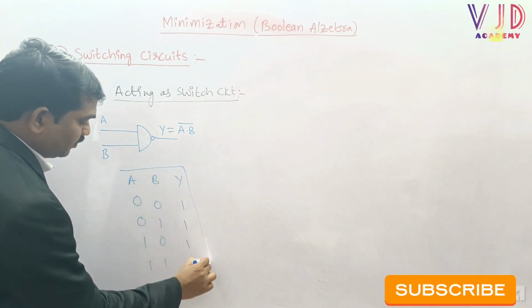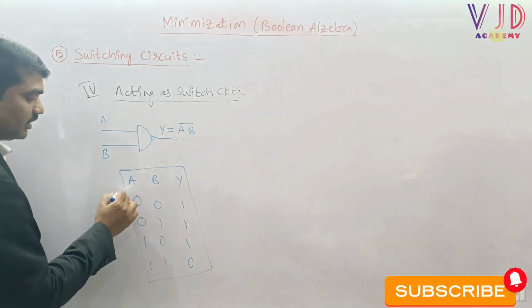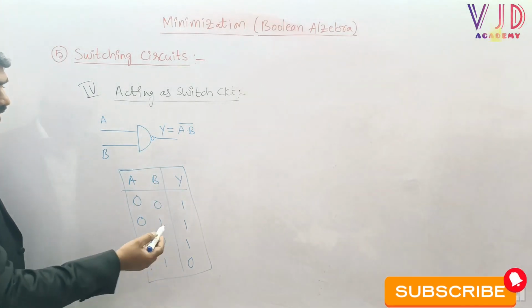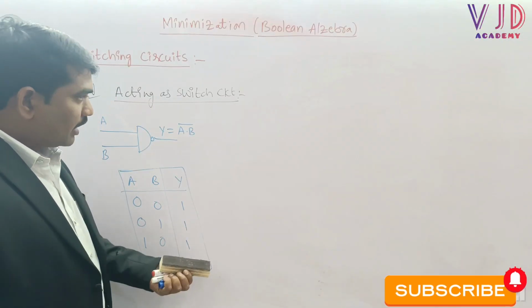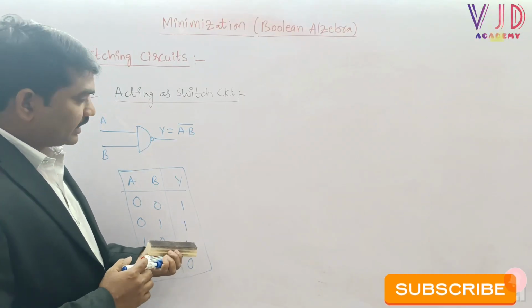It is exactly opposite to the AND gate we have seen in the previous lectures when we were learning about logic gates. So now let us try to understand how a switch circuit acts as a NAND gate.